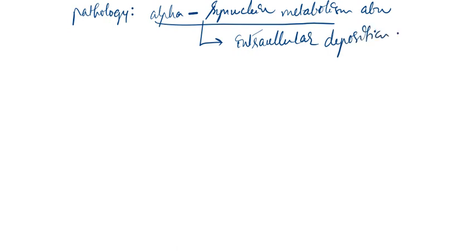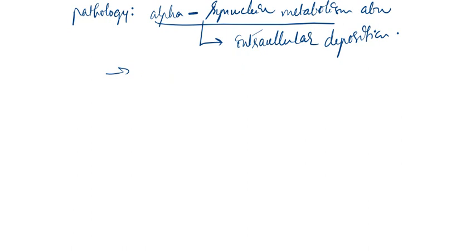Now you should understand one thing here. Unlike Parkinson's disease and Lewy body dementia, these intracellular deposits are found not only in neurons but also in oligodendroglia too.